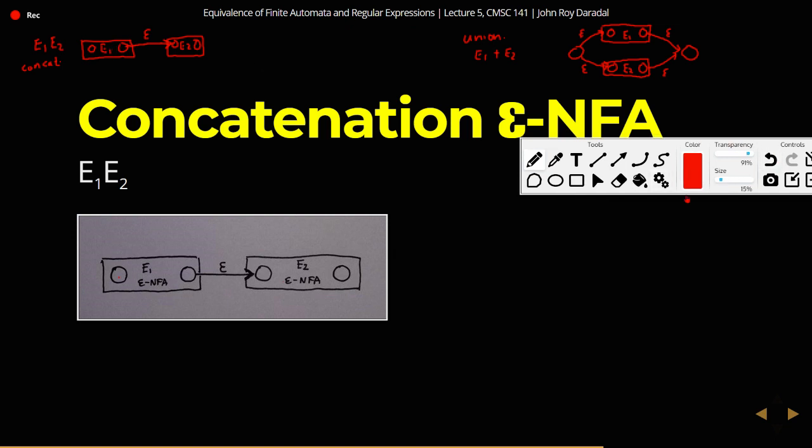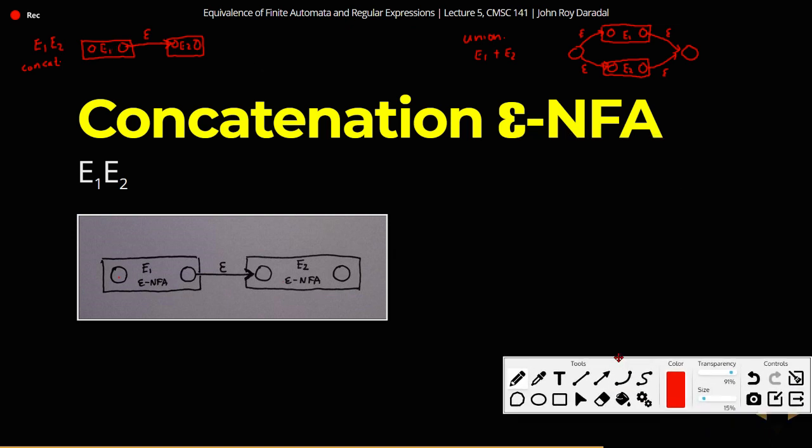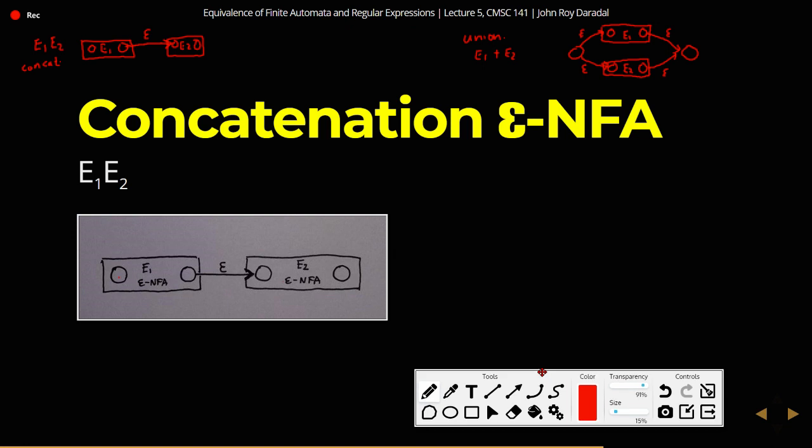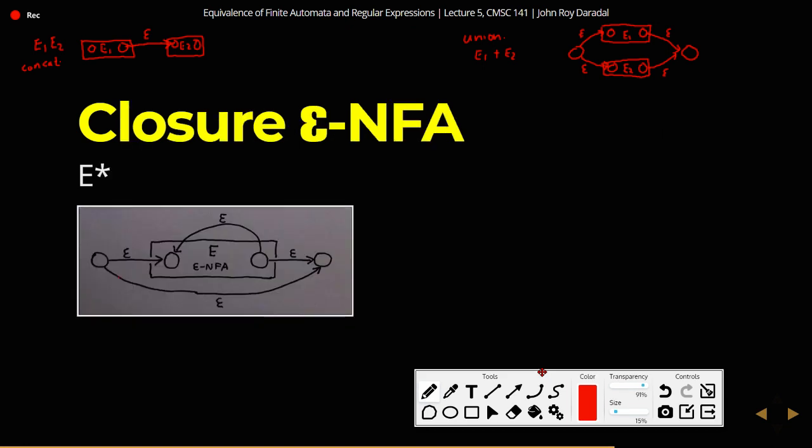And then finally the last operation is closure. If we have E star, for example, and this is the epsilon NFA of your E with the start state and the final state, here we will create a new start state and a new final state, and then we'll connect the start state to E's start state with epsilon.